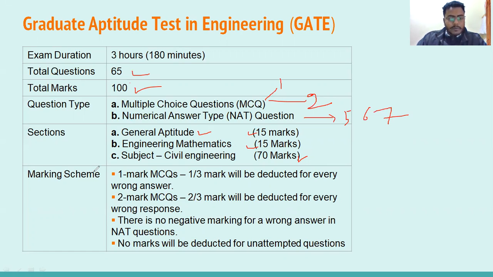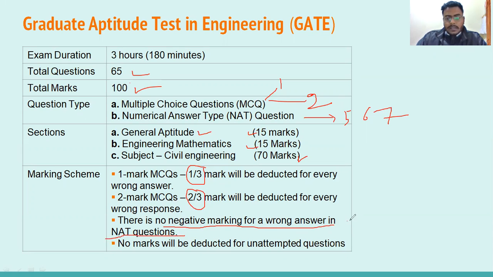There is also a marking scheme, which you have to pay close attention to. If a multiple choice question is for 1 mark, then for a wrong answer you will be deducted 1/3 marks. For a 2 mark MCQ, you will be deducted 2/3 marks if you answer wrong. There is no negative marking for wrong answers in numerical answer type questions.